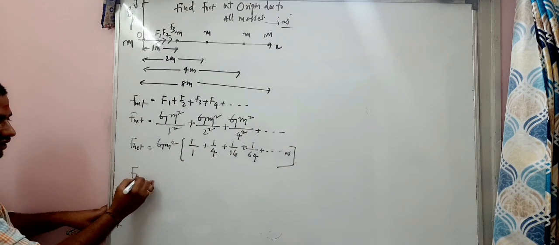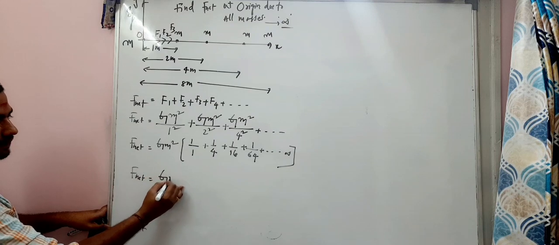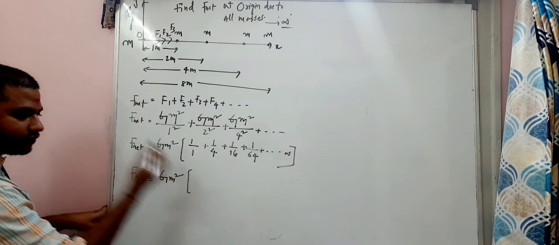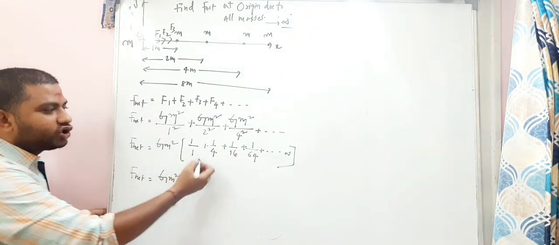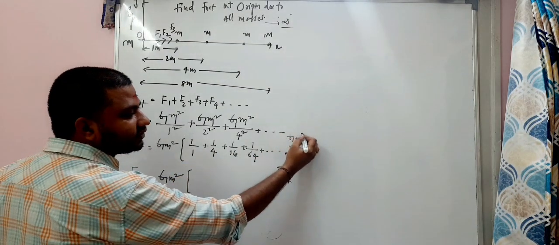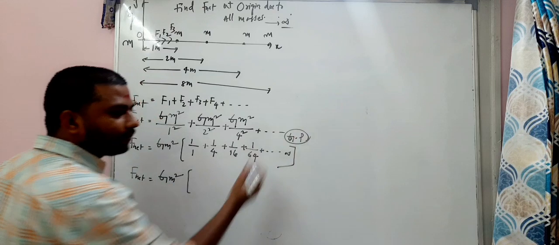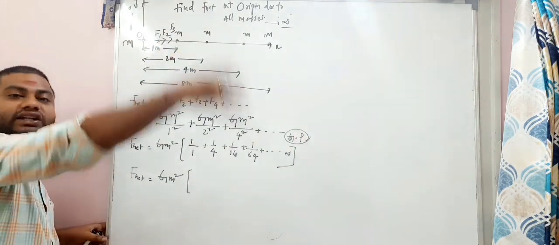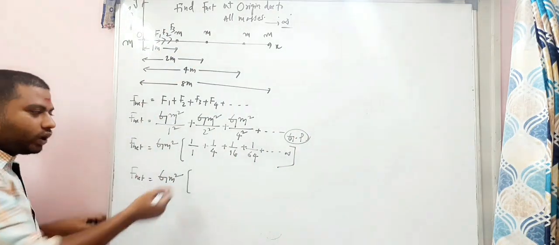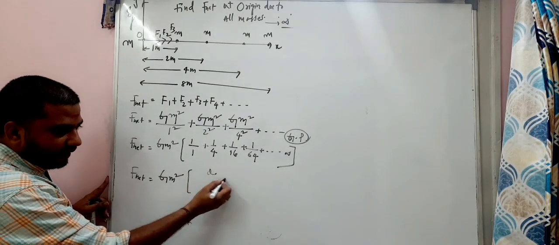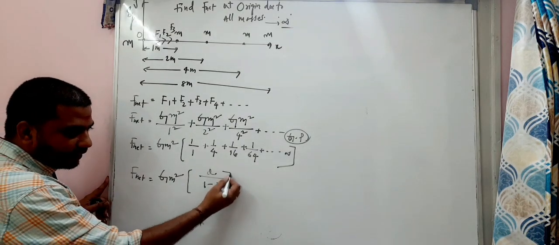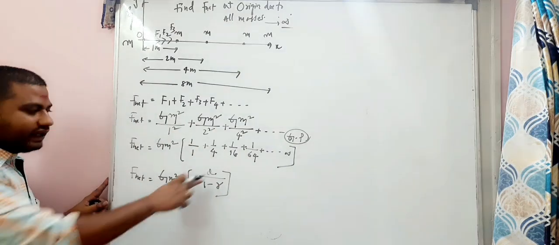And F net is equal to Gm square into, observe, what is this? This is a geometric progression, right? Sum of infinite terms in a geometric progression. What is the formula? A by 1 minus R.